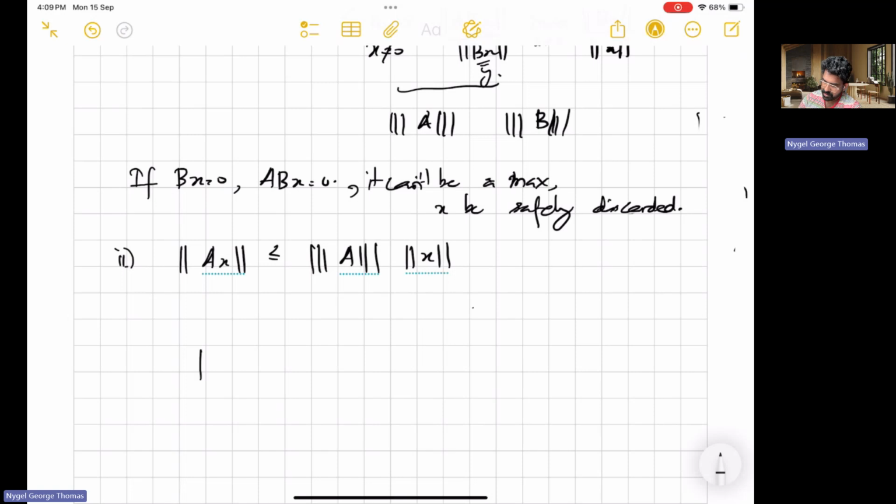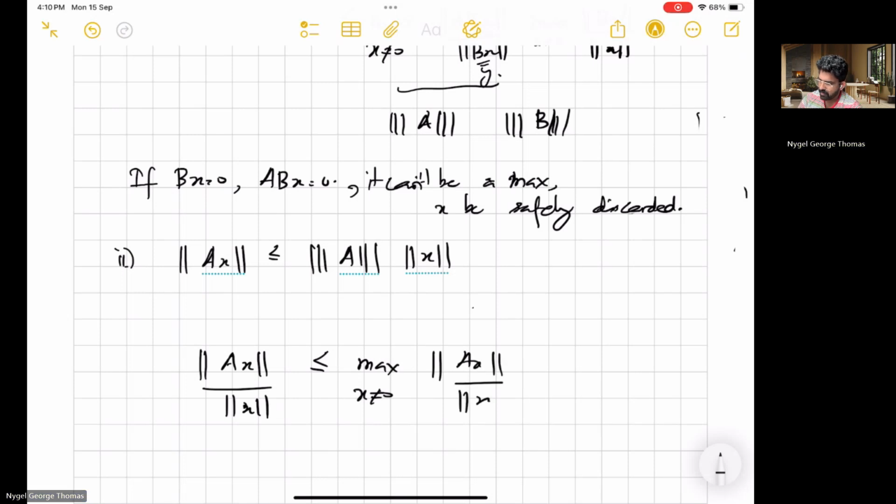We have norm AX by norm X is less than or equal to max over X not equal to 0 of norm of AX by norm of X, right?